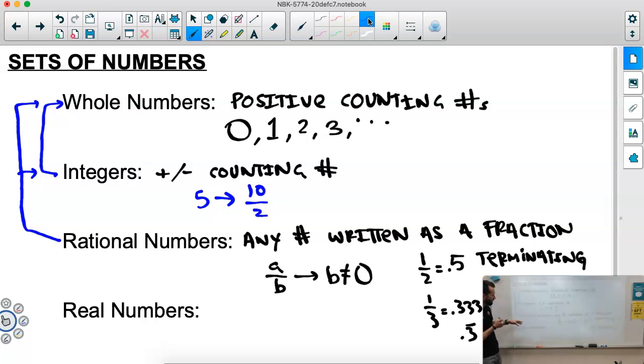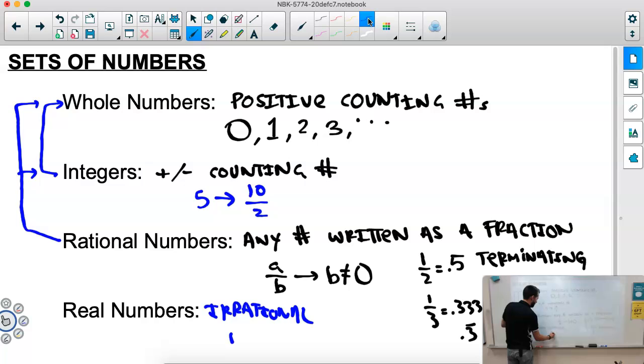Right? And real numbers basically include all of these and then another category. Okay, so real numbers are all of these, but they also include something called irrational numbers. Again, don't forget, it's going to include everything up here, but it also includes these things called irrational numbers.